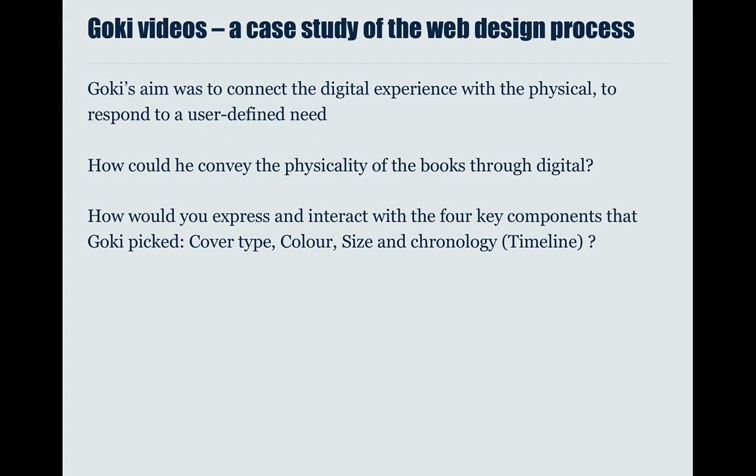So, for example, some of the implementations in the scalar framework that expresses time in interesting ways. But anyway, thinking about these four components, what are the ways in which you would represent the cover, the type, the colour, the size, and the chronology of these books if you were doing it yourself?